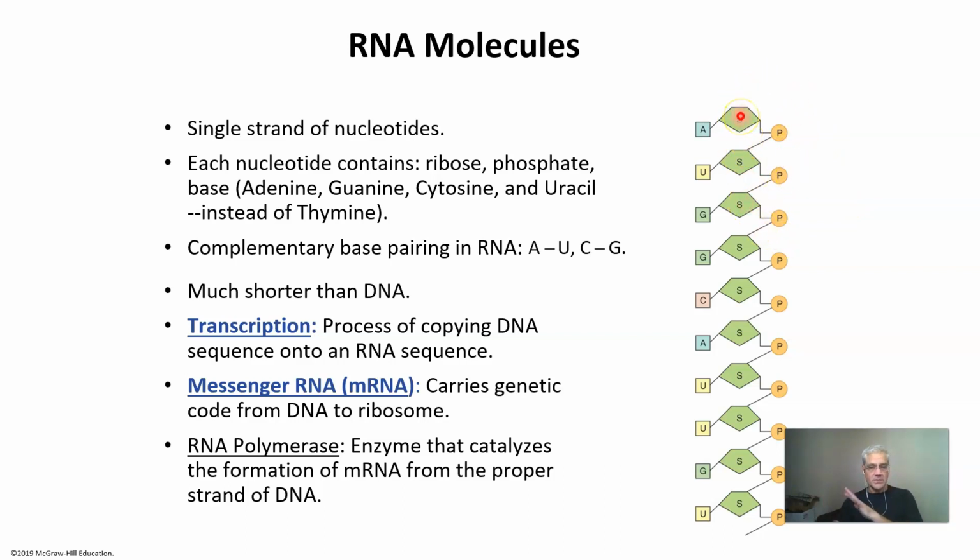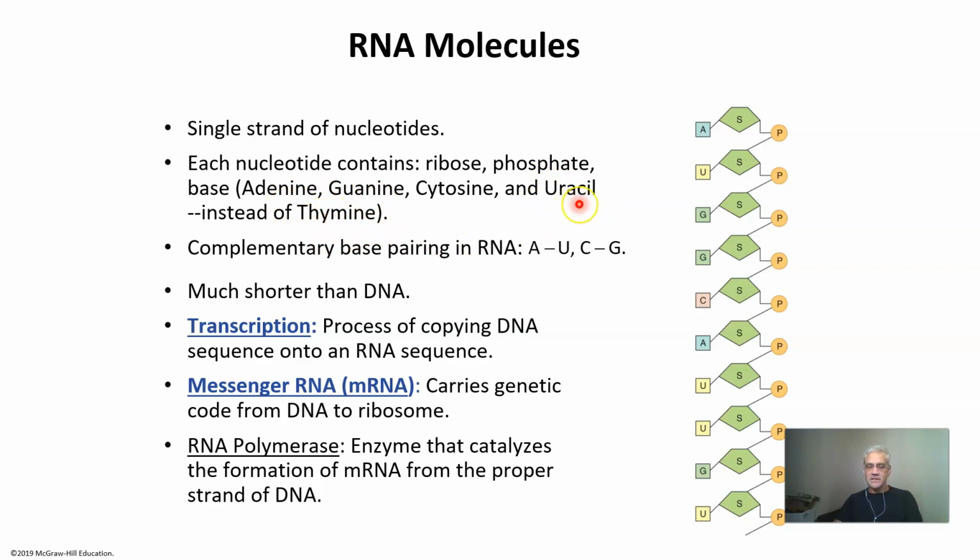And one other huge difference is that there is one different base used in RNA that is not used in DNA. That base is called uracil. Where is uracil? Here it is, uracil. So uracil replaces the base called thymine. Thymine is in DNA.